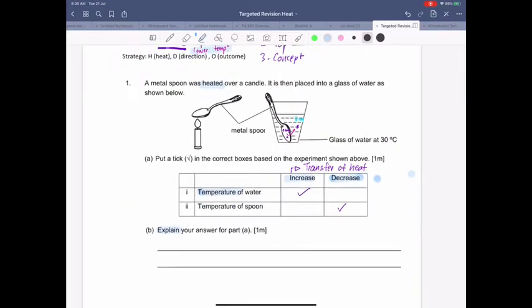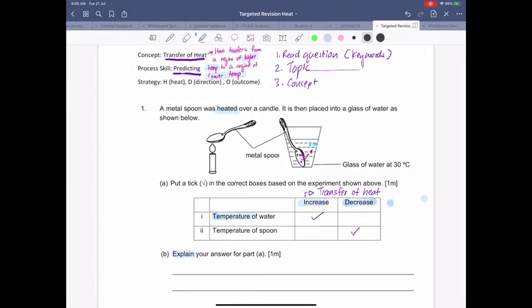So to help us with this, I have come up with a strategy. Now, whenever you're talking about heat transfer, this is the strategy you should use. HDO. H stands for heat, D stands for direction, O stands for outcome. Now, you realize that this HDO is adaptable to various concepts such as expansion, and poor and good conductors of heat, all right.